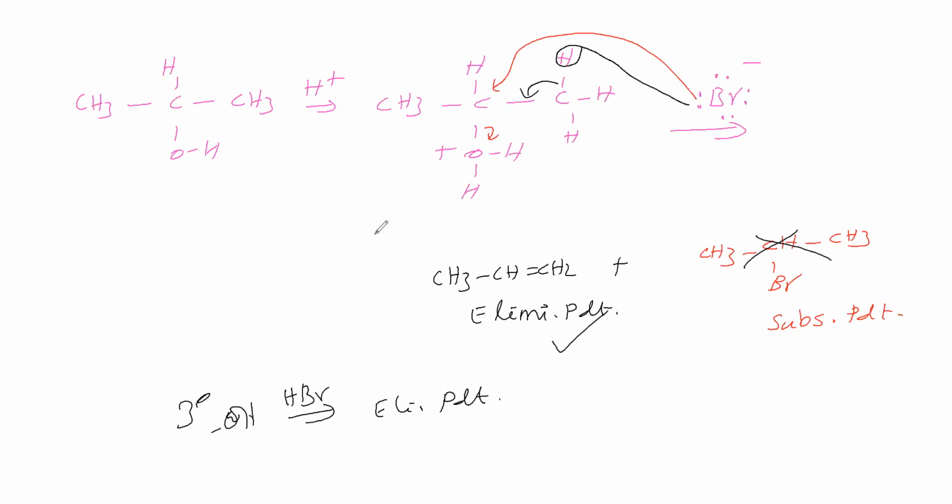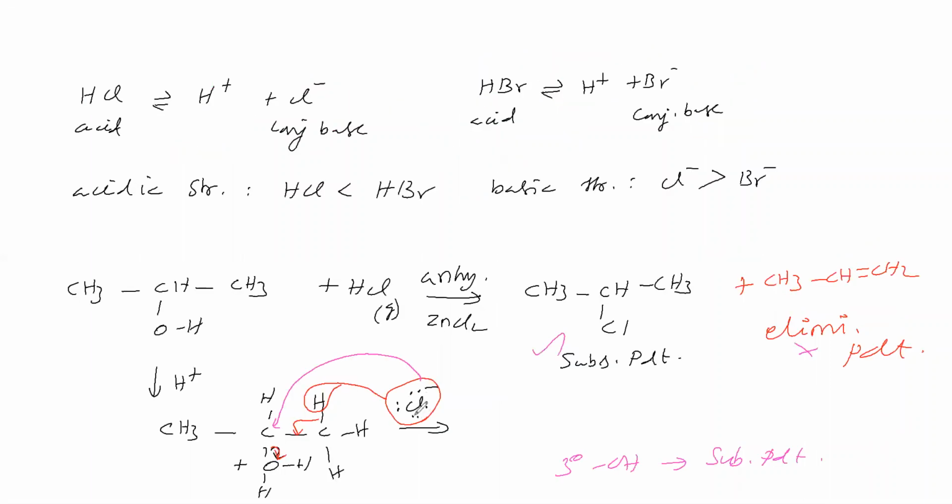So that means this Br minus is ready to abstract proton rather than attacking this electrophilic center. In this case, this Cl minus is ready to attack rather than abstract proton.